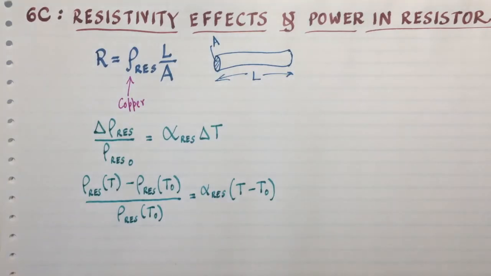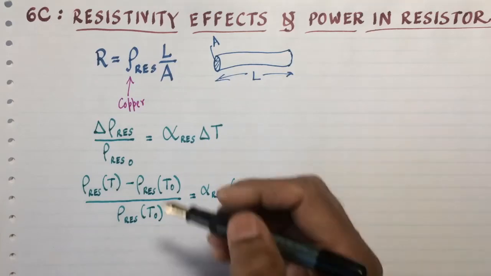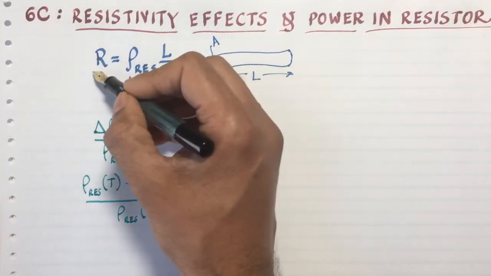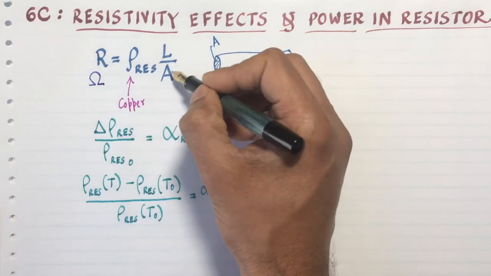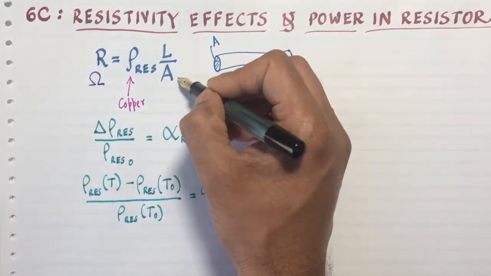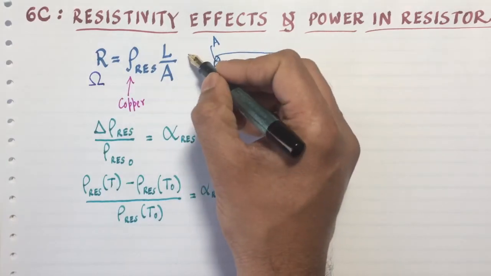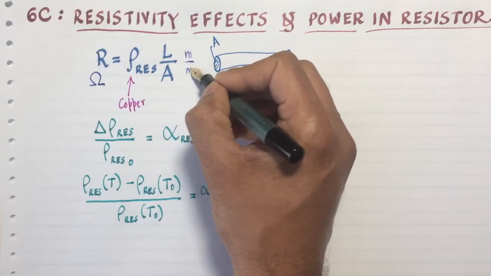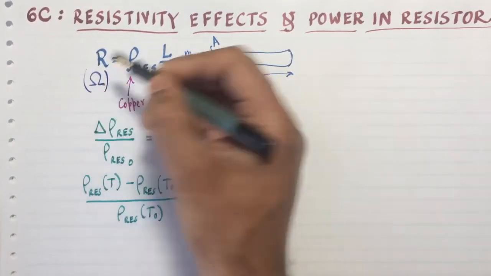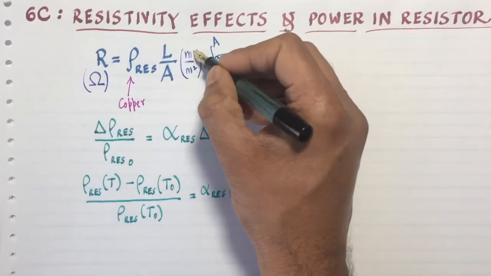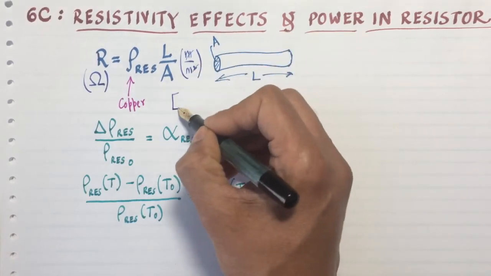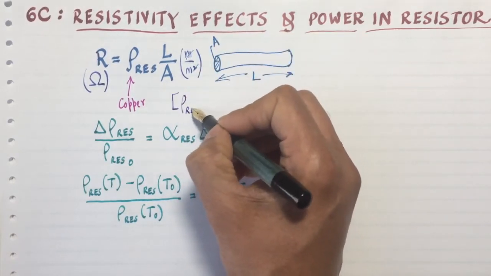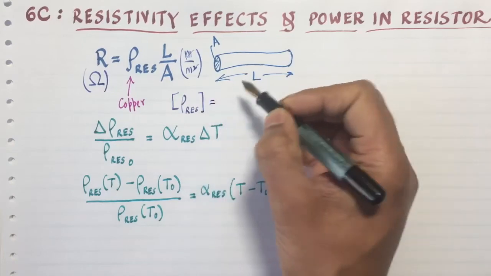Now from the units, it's very clear that the units of resistivity, if R is measured in ohms and length is measured in meters and area in meters squared, that's going to be meters over meters squared. So the units of resistivity, rho res, are simply going to be ohm meter.